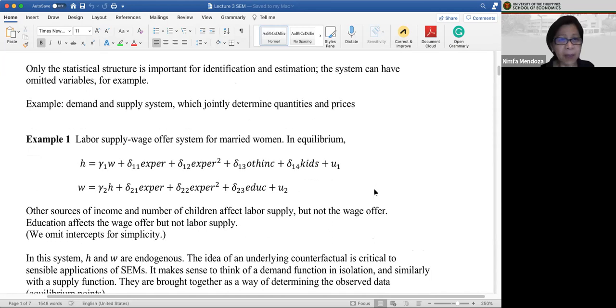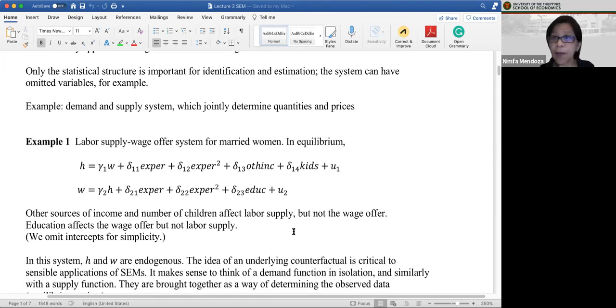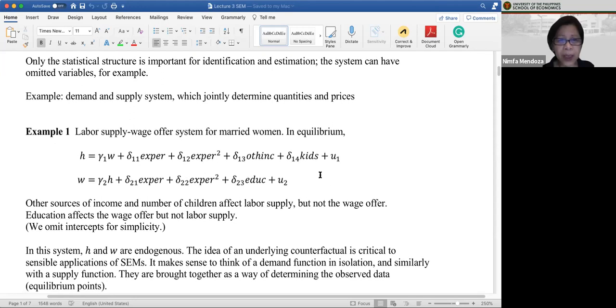Let's have a couple of examples of the simultaneous equations model. Okay. For our first example, in Wooldridge's book and other econometrics work, you would often see this labor supply and wage offer system for married women.